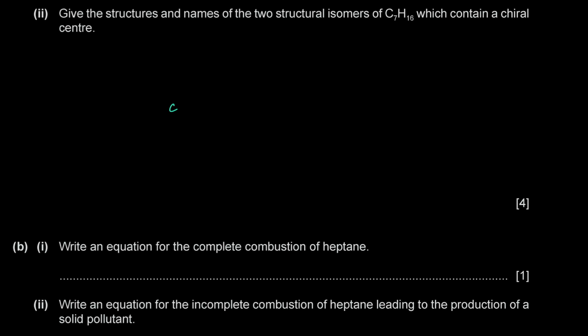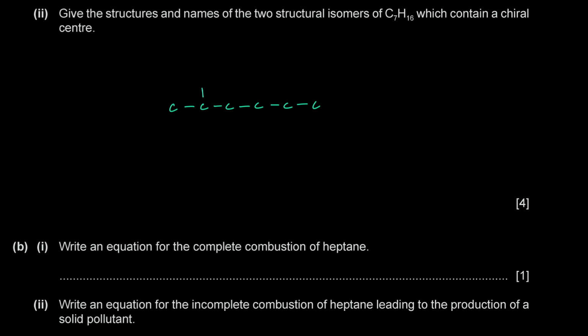So let's say we had a 6 carbon chain. 1, 2, 3, 4, 5, and then 6. Now, if I put a branch, let's say on the second carbon, so I have a methyl group on this carbon, will I have a chiral center? Obviously we can't have a branch on the ends because then that would just be a 7 carbon chain. But if it was on the second carbon, would it be a chiral center?